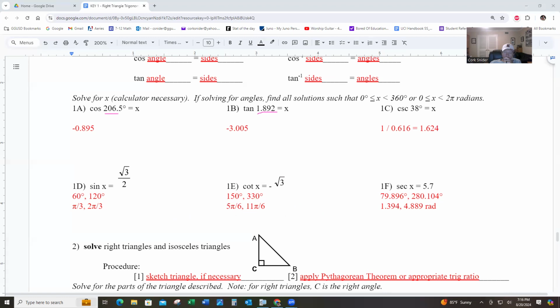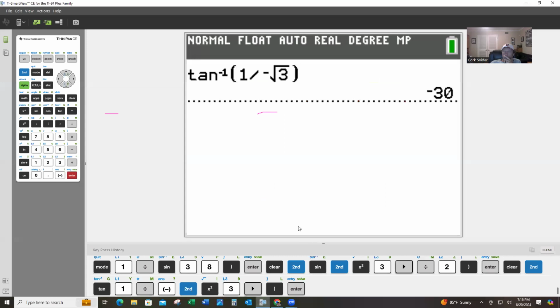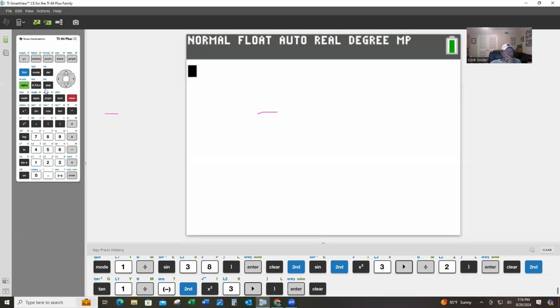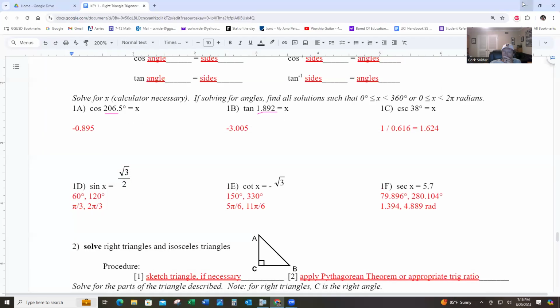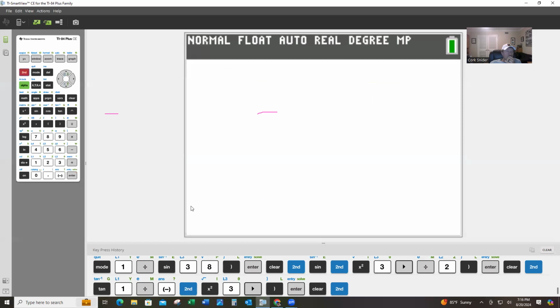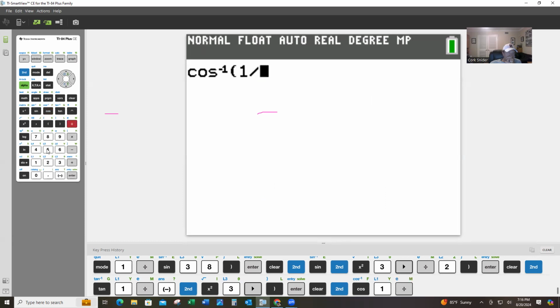So I'm going to go, let's see here. Second, I forgot what it was. Secant, so it's cosine. Second cosine 1 divided by 5.7.